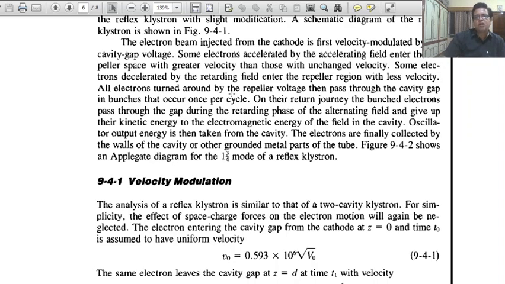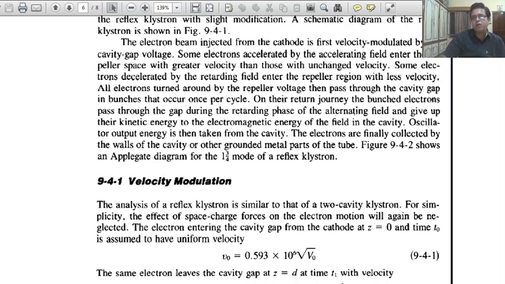All electrons turned around by the repeller voltage then pass through the cavity gap in bunches that occur once per cycle. On their return journey, the bunched electrons pass through the gap during the retarding phase of the alternating field and give up their kinetic energy to the electromagnetic energy of the field in the cavity.